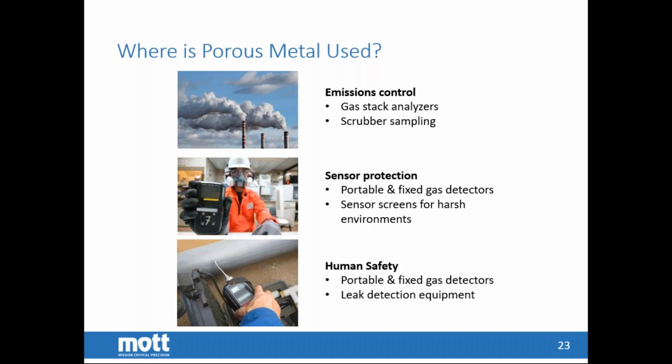And all of these things rely on a porous metal product that's robust enough to handle those applications, as well as ensure they operate properly. The worst thing engineers want to have is bad data being fed to them. So this keeps everything on track. So let's dive into our first application.